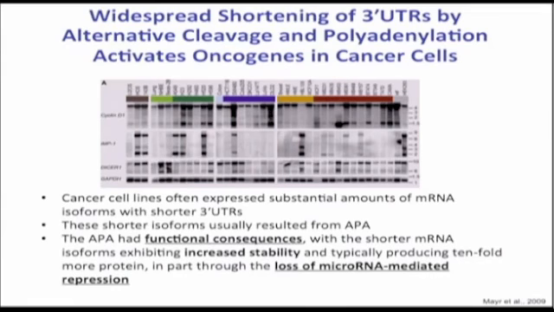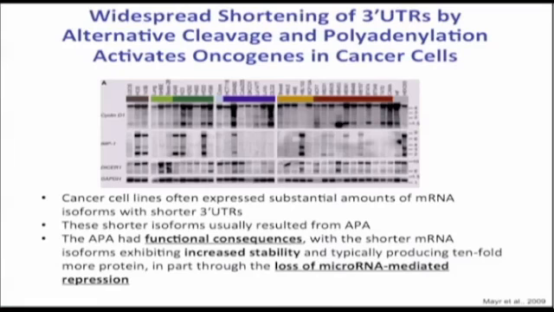This is a paper that came out in 2009 from the Bartel group again, where they looked at the length of the 3' UTR in different cancer subtypes. And the idea here is that UTRs tend to be really, really short in order to escape this regulation through microRNA. MicroRNAs normally target the 3' UTR. Since the cells have to go into active cell division, UTRs tend to be really, really short, so they can escape this regulation. Okay?